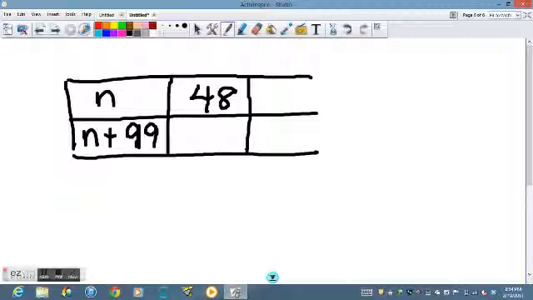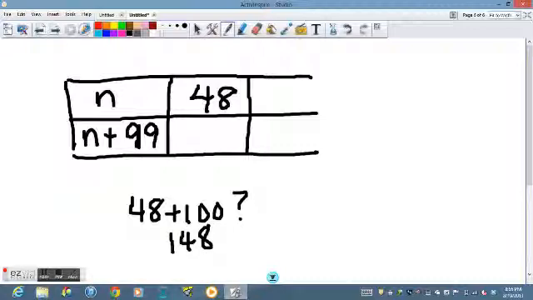And so in my mind, I can say, what is 48 plus 100? And that's 148, isn't it? So if I'm going to do 48 plus 99, it's going to be 1 less than 148. See, this is 148, so this will be 1 less, 147, because I'm only adding 99. I'm not adding 100.